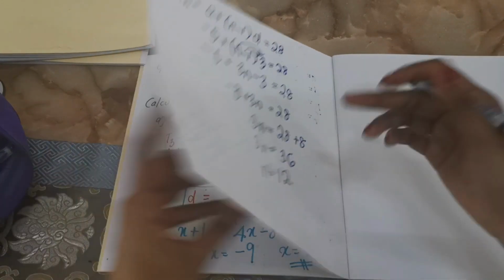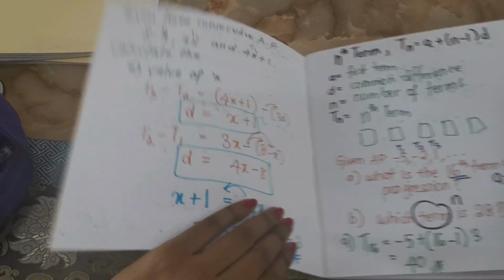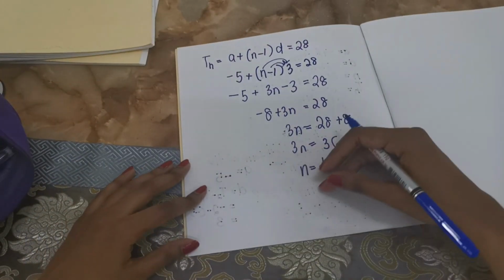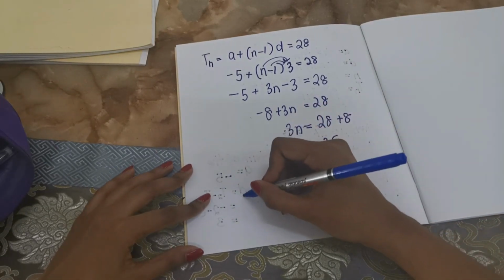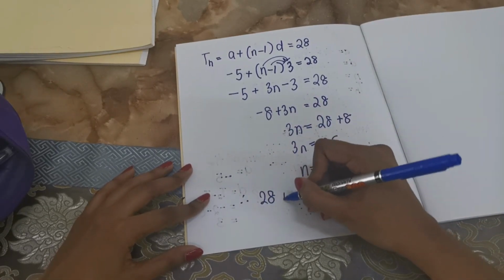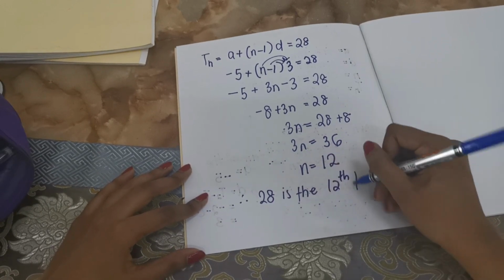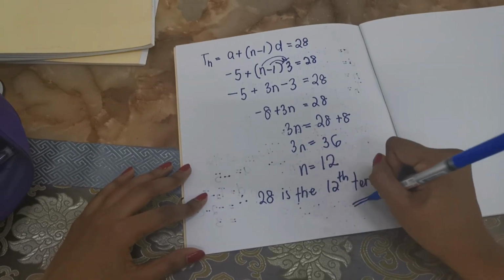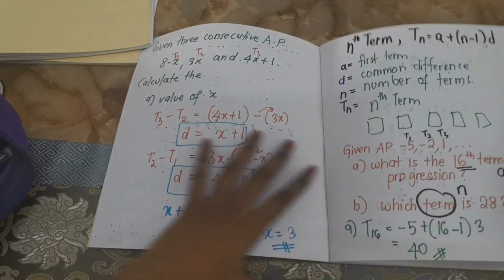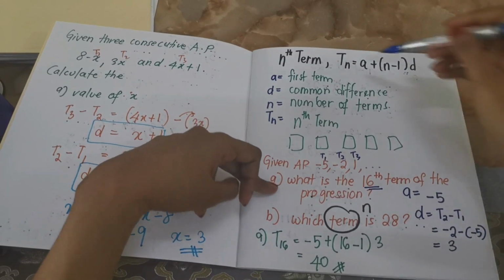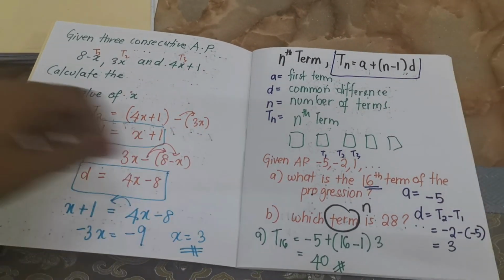So 28 is actually which term? The 12th term. So we write our final answer: 28 is the 12th term. I hope you understand how we find the terms using this simple formula.